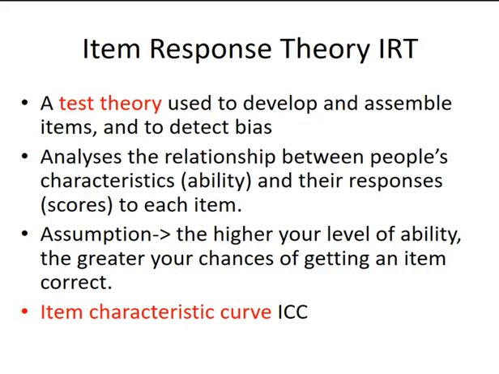So what is IRT? It's a test theory used to develop test items and to analyze data. So we detect DIF by using IRT. In order for us to locate item bias, we use the ICC method, the item characteristic curve.